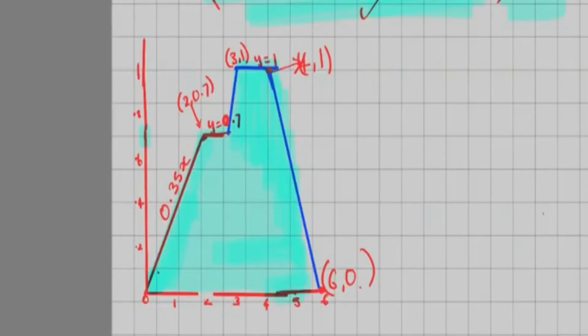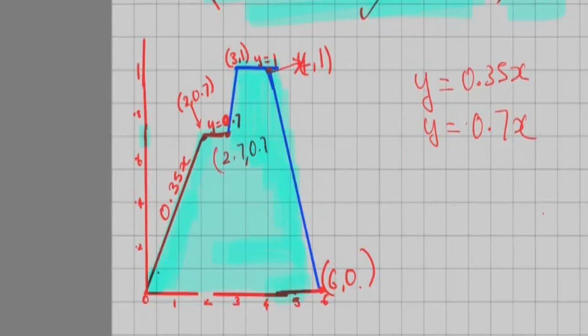So my first line is y is equal to 0.35x, and my next line equation A12 will be y is equal to 0.7x, right? And this point over here, the intersection of these two, is going to be 2.7, 0.7.